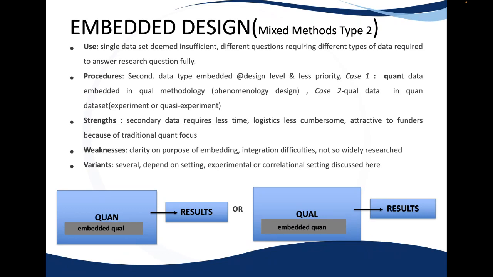So if, say, for example, you were studying a phenomena that was largely qualitative, but in it there are some minor quantitative things that will show up so that you better understand the research question. You can make a decision that, no, I won't do this as a multi-level study, I will do it as an embedded study.